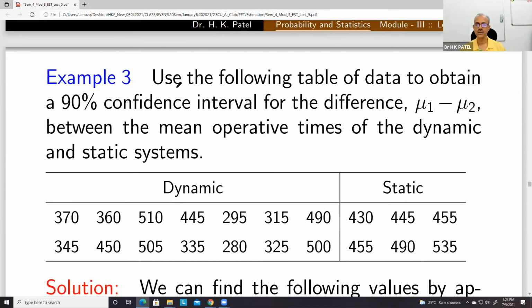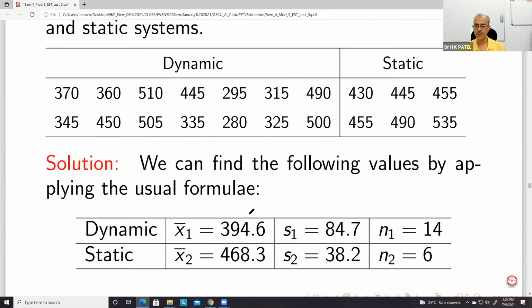So what it says is, use the following table of data to obtain a 95% confidence interval for the difference mu1 minus mu2 between the mean operative times of the dynamic and static systems. So, the difference between mean operating times.